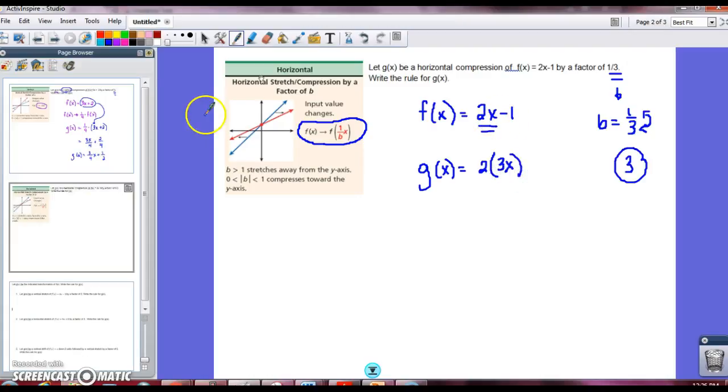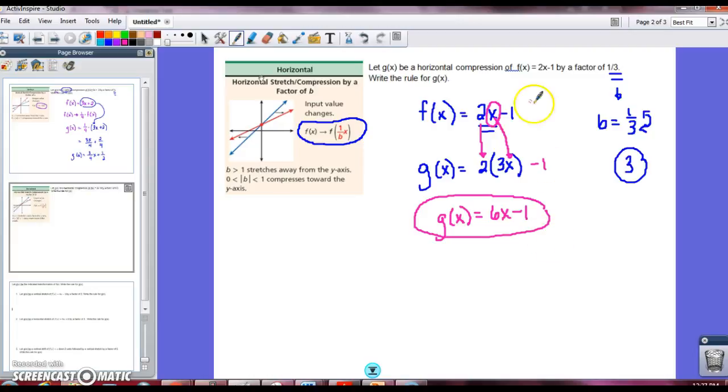I just replaced x. Okay, I replaced this x, so my 2 stayed there. I replaced this x with this reciprocal of b, 3 times x, because I still have to keep that x in there. Okay, minus 1, because that's still part of my equation, and so I end up with 6x minus 1 as my final answer.